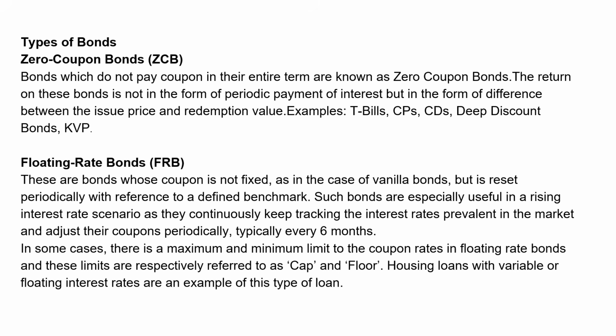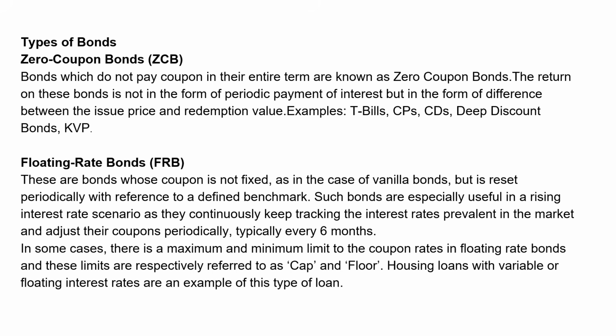Now let's understand what floating rate bonds are. These are bonds whose coupon is not fixed, as in the case of vanilla bonds, but is reset periodically with reference to a defined benchmark. Such bonds are useful in a rising interest rate scenario, as they continuously keep tracking the interest rates prevalent in the market and adjust their coupon periodically, typically every 6 months.